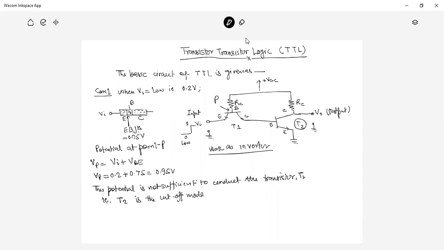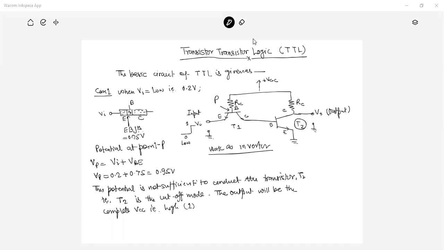So the output will be the complete VCC, that is high. Output is high, 1.